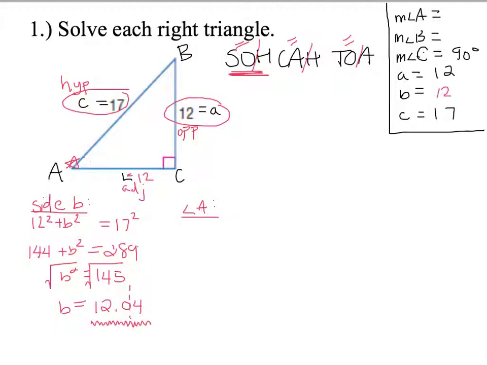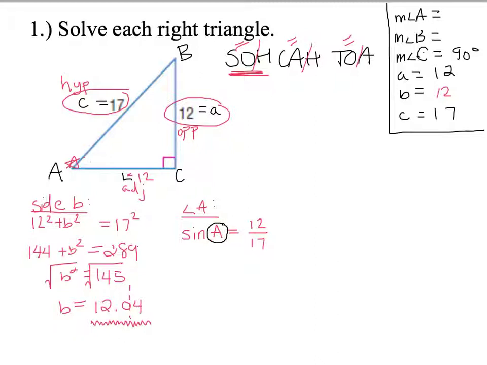To find angle A, we set up our equation just like we did the other day, where it's sine of the reference angle. Well, in this case, we don't know what it is, so we're going to put the variable A, is equal to opposite, which is 12, over the hypotenuse, which is 17. Just like we had the other day, our goal is to get our variable alone, right?